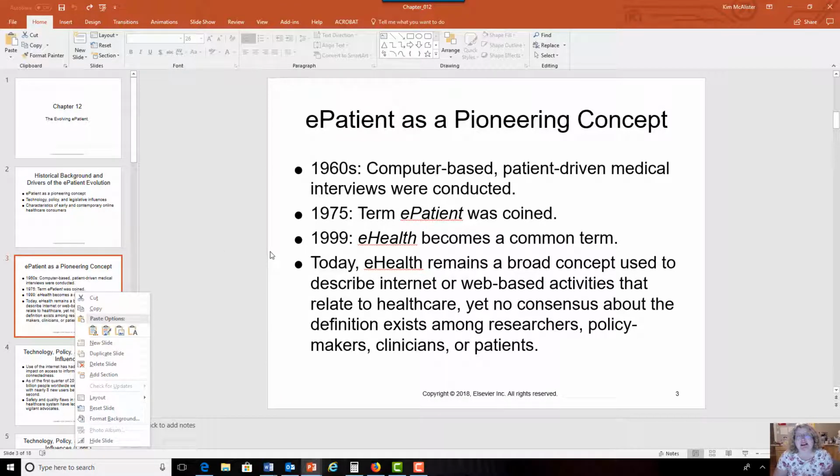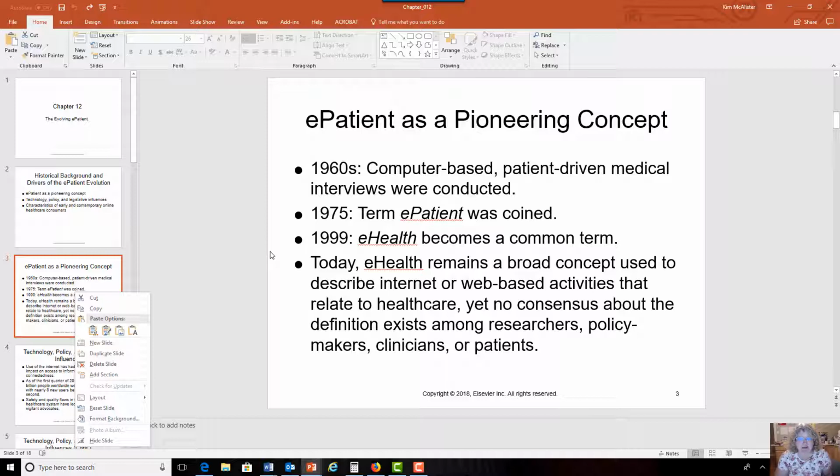By the end of the 90s, e-health became a common term, although there's not a unified definition of what that means. It's a broad concept, but because the internet suddenly became such a powerful tool and so many people began to access and be online, it became an enormous tool for healthcare.